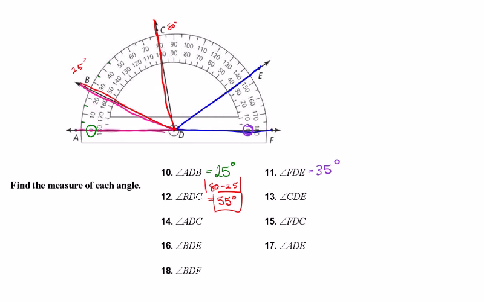So that's how you measure angles. Pretty self-explanatory, hopefully. Let's practice a little bit more. So CDE. So here's CDE. All right, so we're going from 80 to E, which was at 145 if we're using the outer values, right?